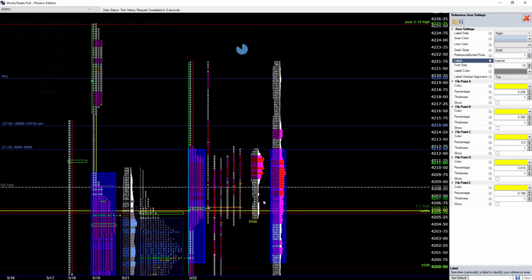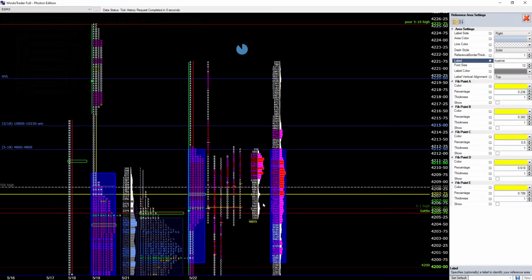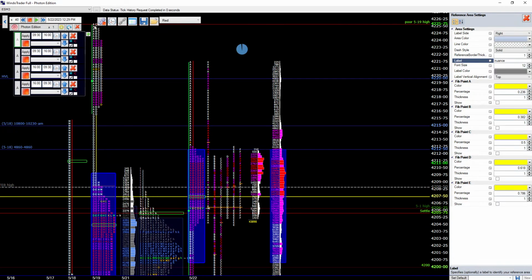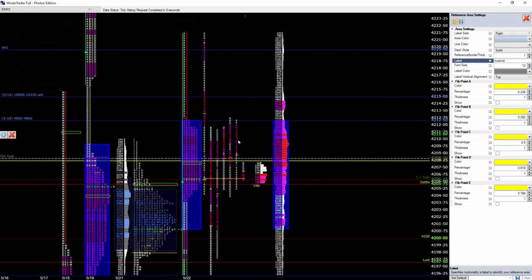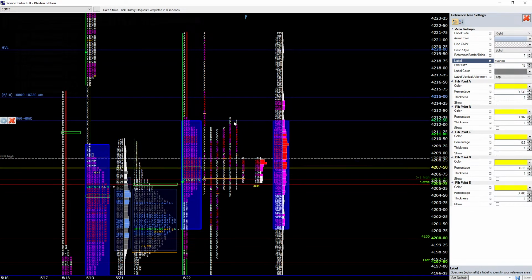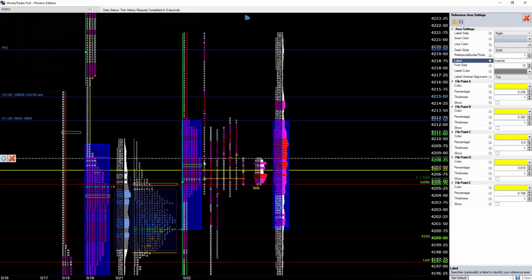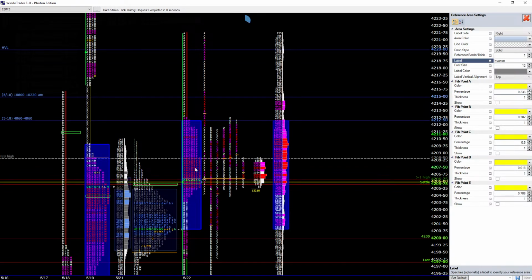Oh, look at that liquidation. Power here. This high can be taken if the market gains momentum to the upside here. Now 1, 2, 3, 4, 5, 6, 7 periods wide this profile.